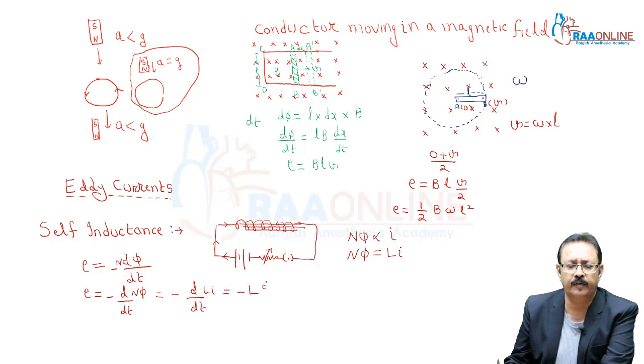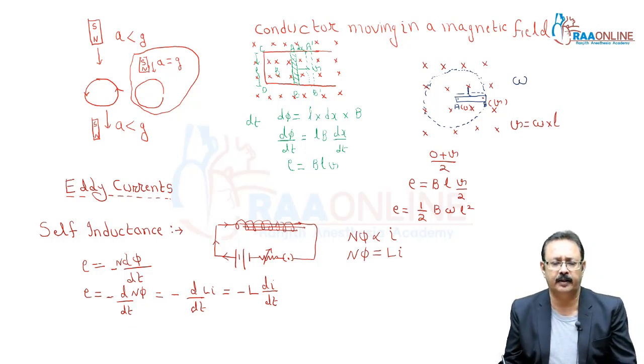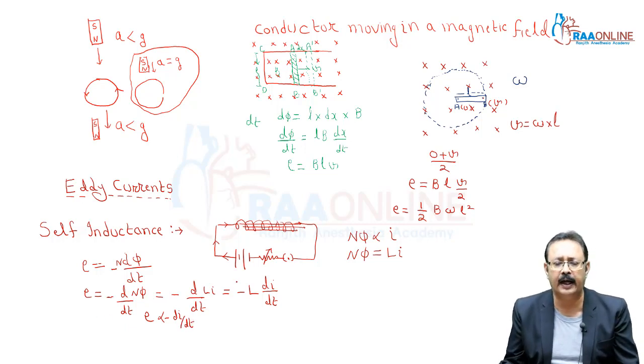So now one new definition for induced EMF is there. Induced EMF in this coil is directly proportional to the rate of change of current in the coil. And we can define L with this relation.